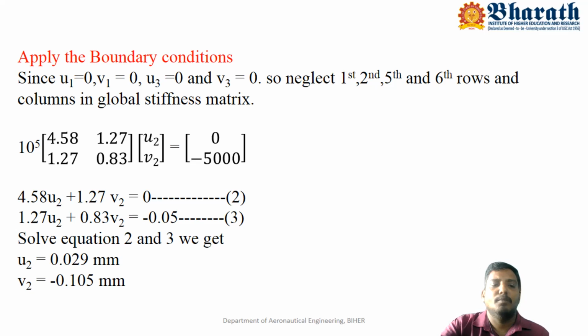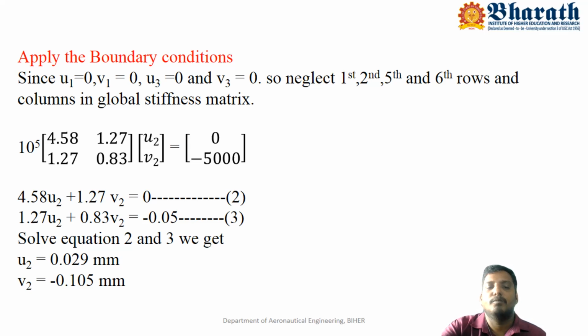Then we get 10 power 5 times the matrix 4.58, 1.27, 1.27, 0.83, times U2, V2, equal to 0, minus 5000. This is the reduced finite element equation once you have applied the essential boundary conditions. Right now I have two unknowns, and from that I get two equations. By solving these two equations, we get the U2 and V2 values. The first equation: 10 power 5 times 4.58 U2 plus 1.27 V2 must equal 0.